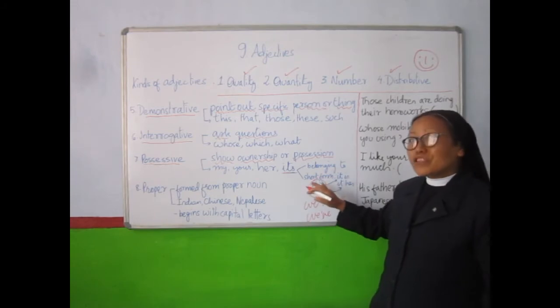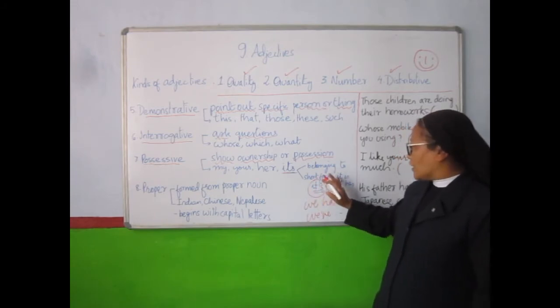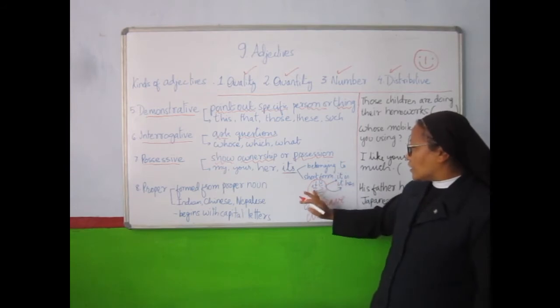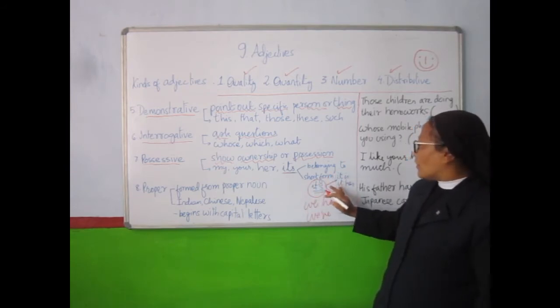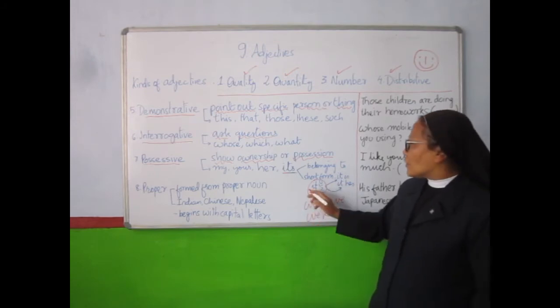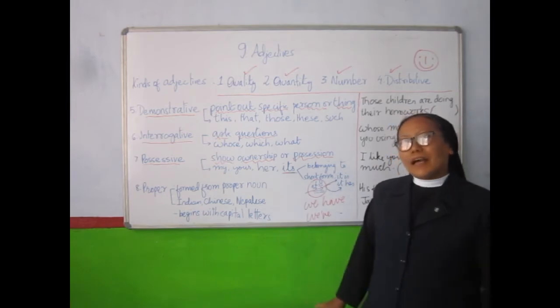With an apostrophe s, it is the short form of it is or it has, and we will not use it as a possessive adjective.